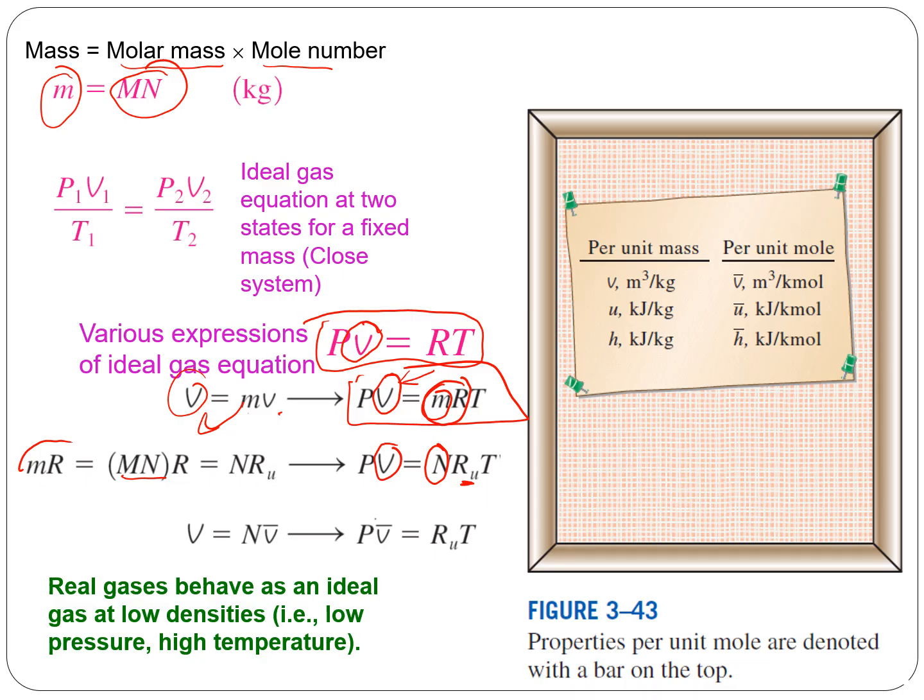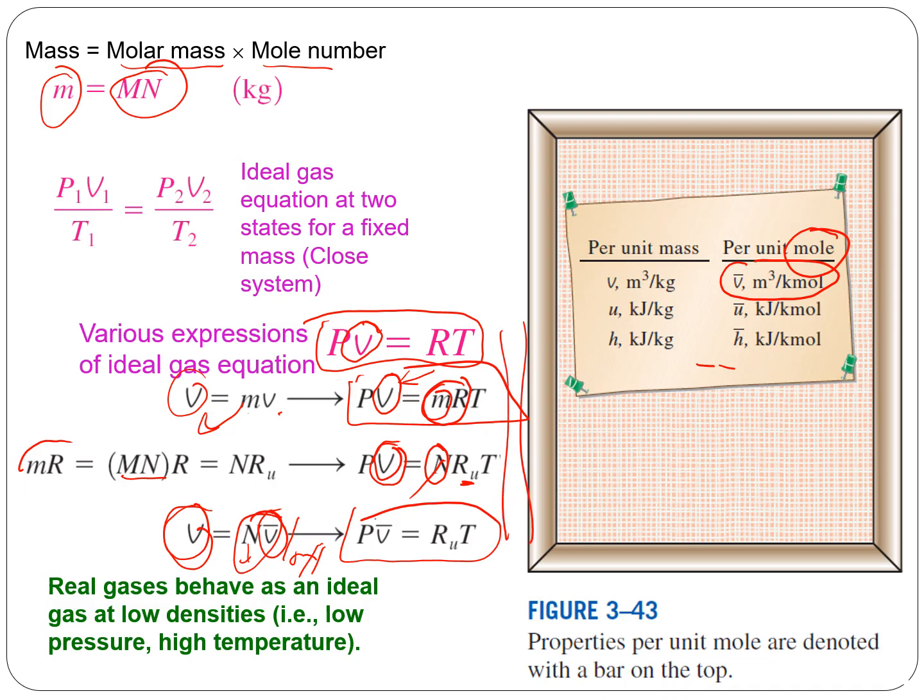Sometimes you'll see this variable with a bar on the top, which means always per unit mole. In this course, whenever you see a bar on the top, that means always per unit mole. So v-bar is volume per unit mole, and N is the number of moles, so mole and mole cancel out, and this is volume. You can replace that V by this, and N and N cancel out, so this is another equation.